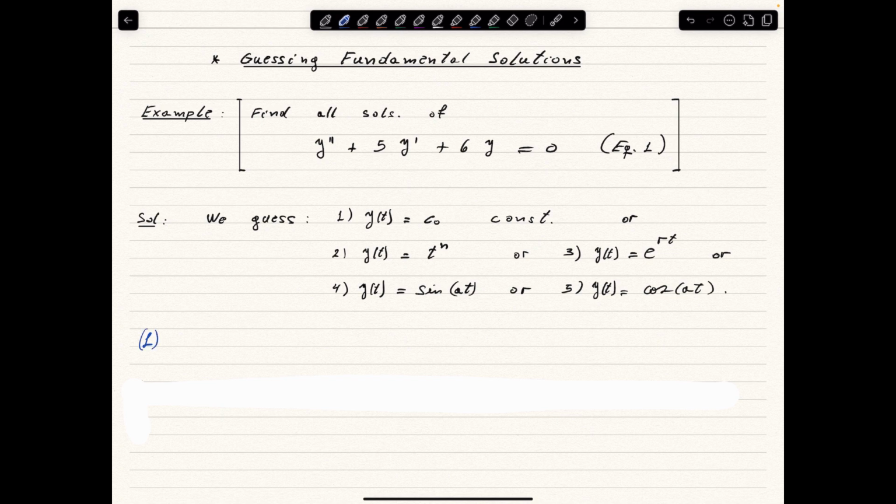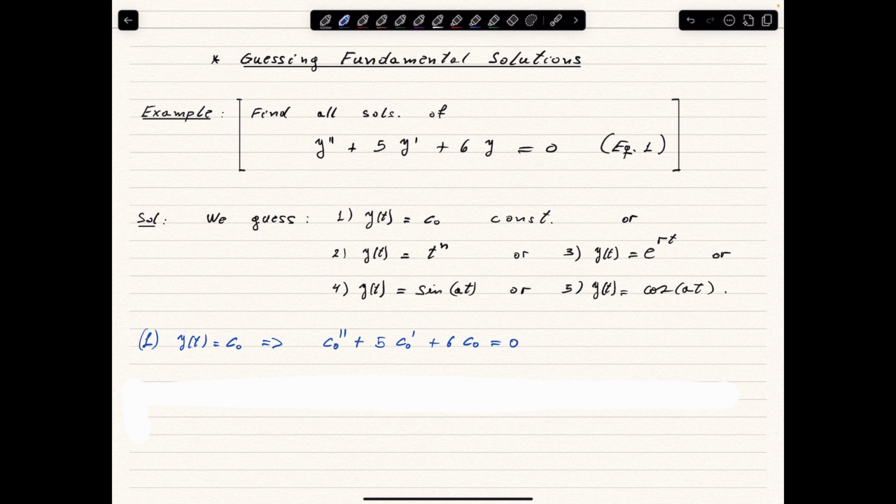So let's start with the simplest case, y of t equal to a constant. If we put that into the equation, what do we get? We get the constant's second derivative, plus 5 times the constant's first derivative, plus 6 times the constant, equals 0.